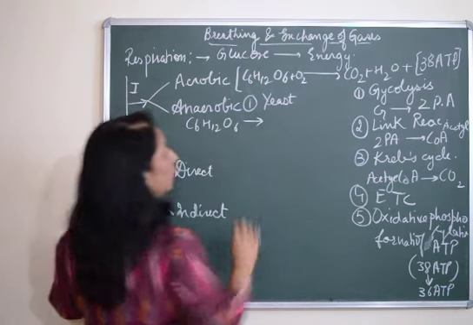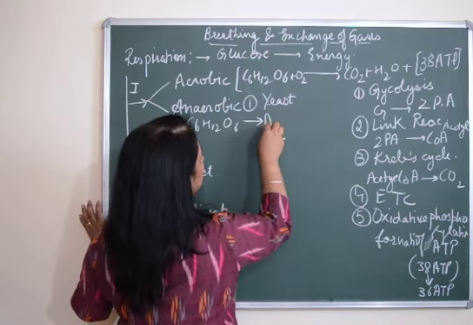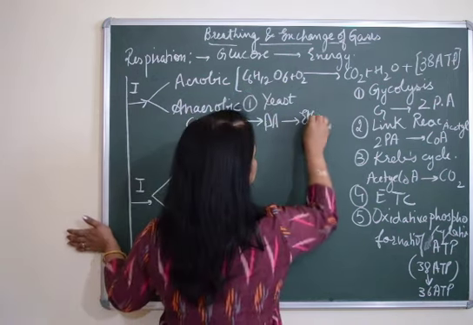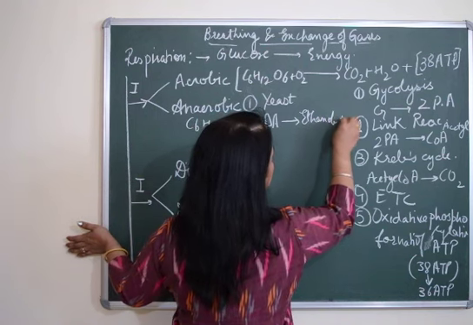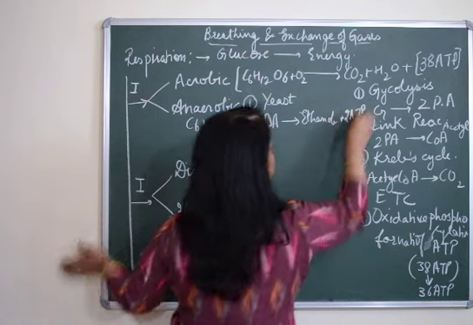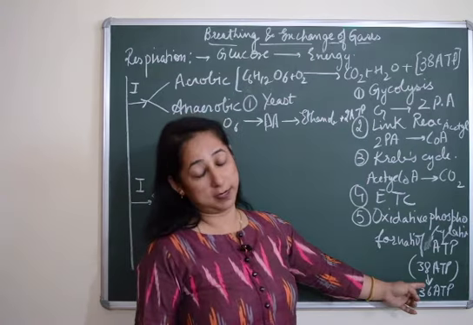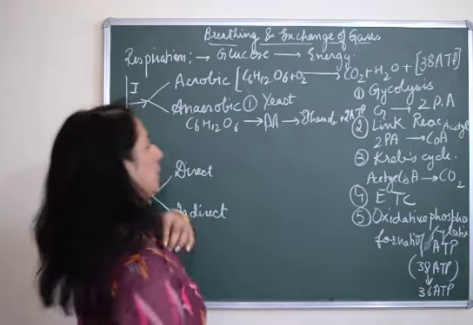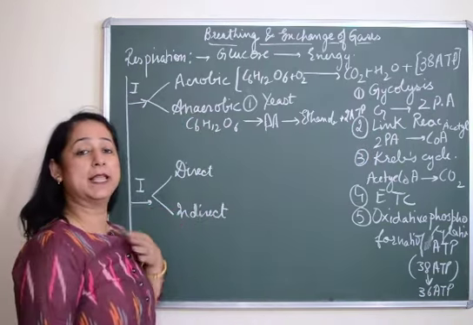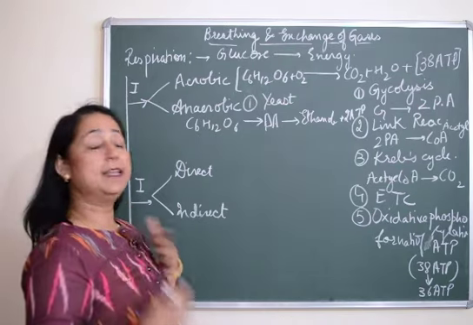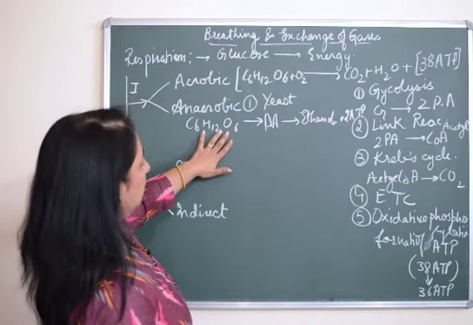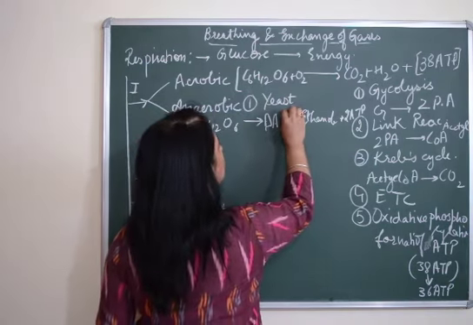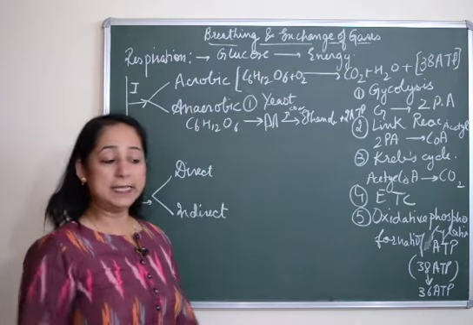C6H12O6 breaks down to first form pyruvic acid, which further leads to the formation of ethanol, plus 2 ATP of energy. The number of molecules formed in aerobic respiration is 38, but in anaerobic, 2 ATP molecules are formed, and this takes place in yeast. So glucose forms pyruvic acid, then ethanol and 2 ATP. Herein some amount of CO2 is also released.